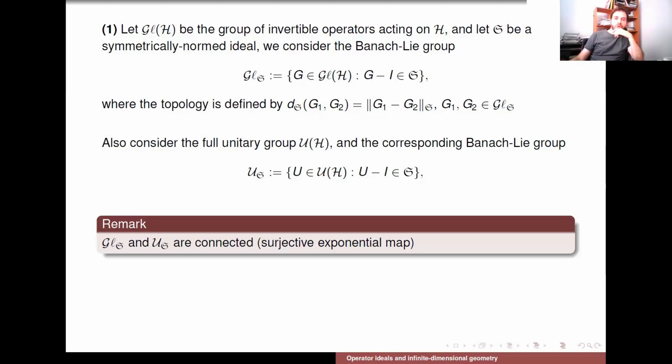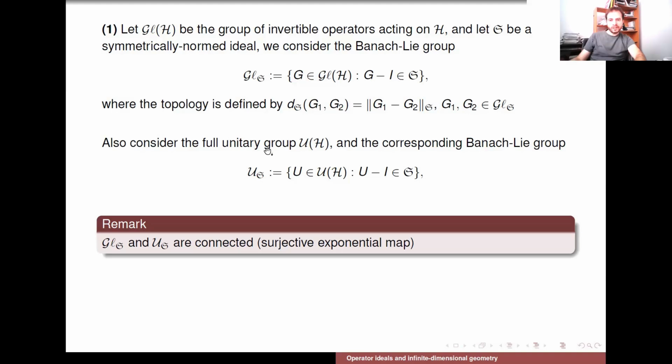We will need to introduce the following Banach-Lie groups associated to operator ideals. In our first lecture, we used the unitary group associated to an operator ideal. Of course, there is a version for the invertible group. Here, we denote GL sub S. It is a Banach-Lie group in the topology defined by this metric in terms of the operator ideal norm.